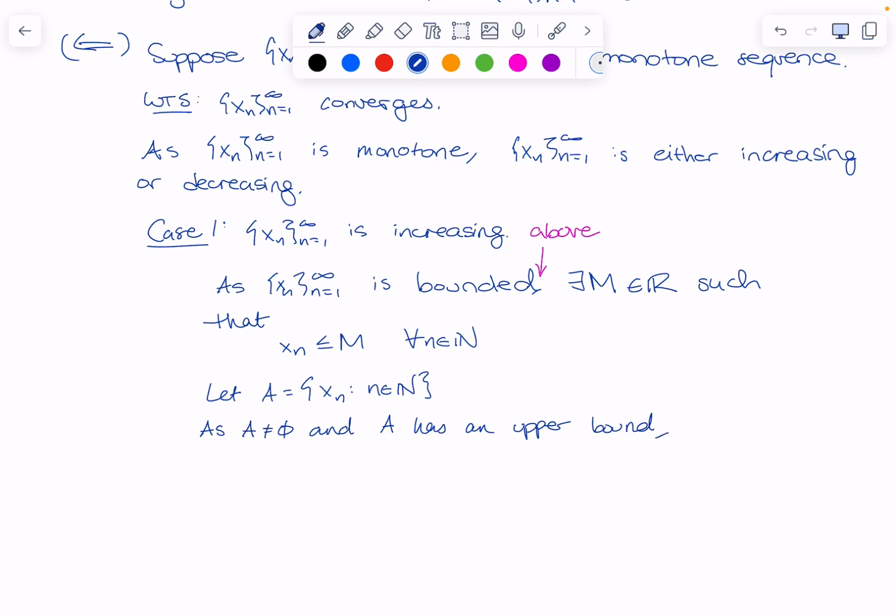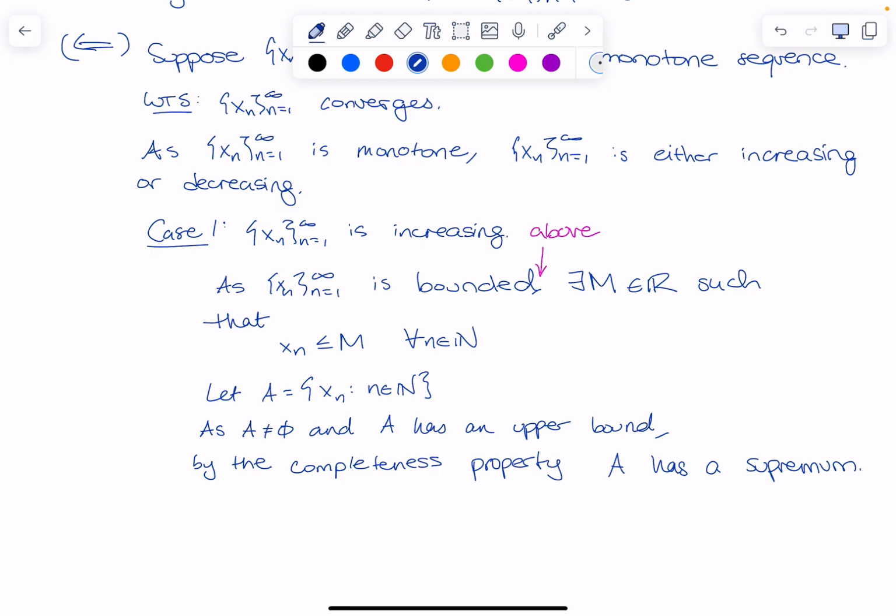Since it's bounded, it also has a lower bound. But what does this in particular tell us? We have a set that's non-empty and has an upper bound, so it has a supremum. What's that property called? The completeness property. Our set A has a supremum.